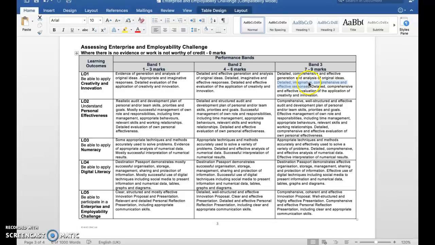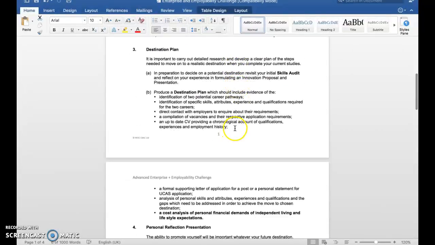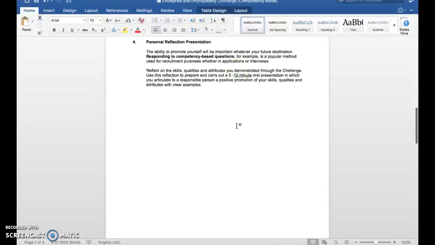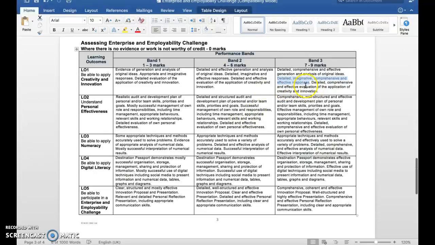So the way you display your destination plan, your career planning: is it a tatty bit of Word that you've used? Is it just a rough sort of typing things down? Or have you come up with a really good imaginative way of pulling together information?